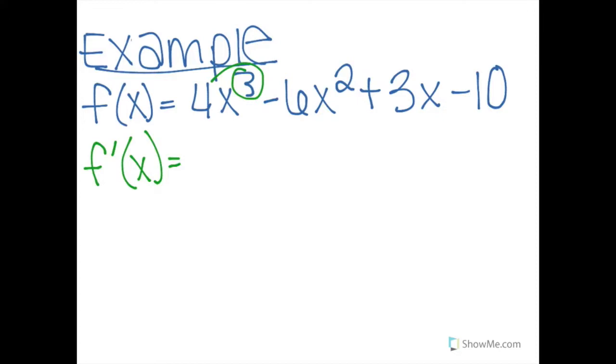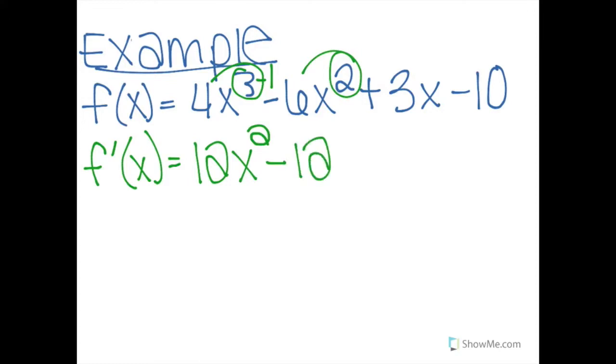So 3 times 4 is 12. 3 minus 1 is 2. 2 times negative 6 is negative 12. 2 minus 1 is x. 1 times 3 is 3. 1 minus 1 is 0, so x to the 0 times 3 is 3. And 0 times negative 10 is 0.